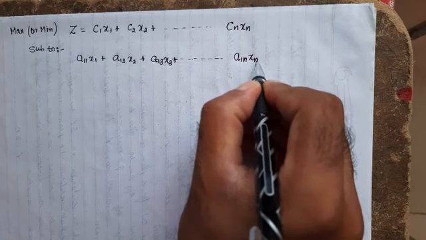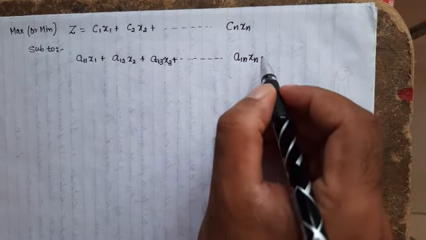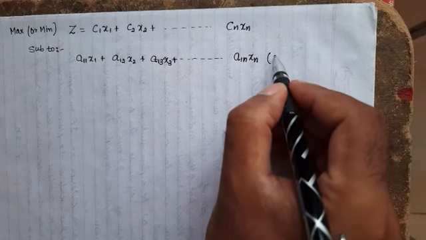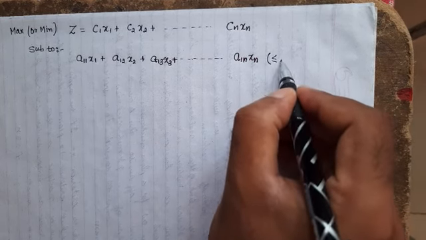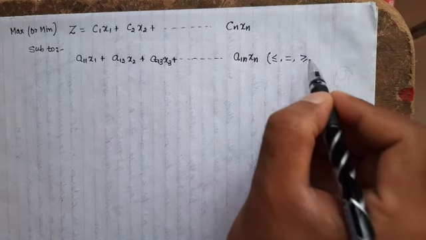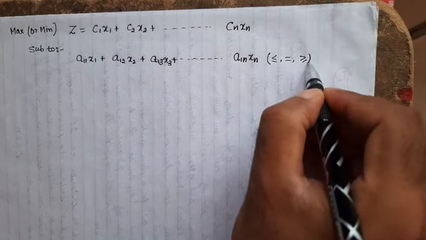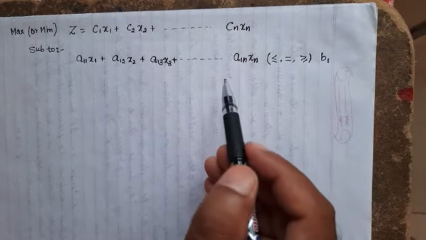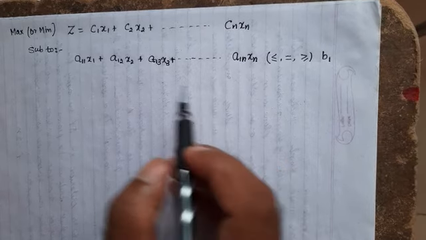This is subjected to some equality or inequality: it may be of less than or equal to, equal to, or greater than or equal to type, and let this be b1. So this is the complete constraint 1.